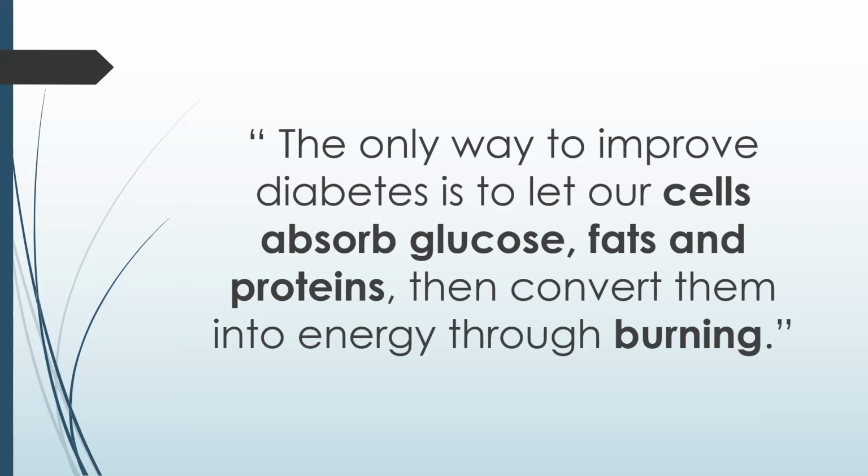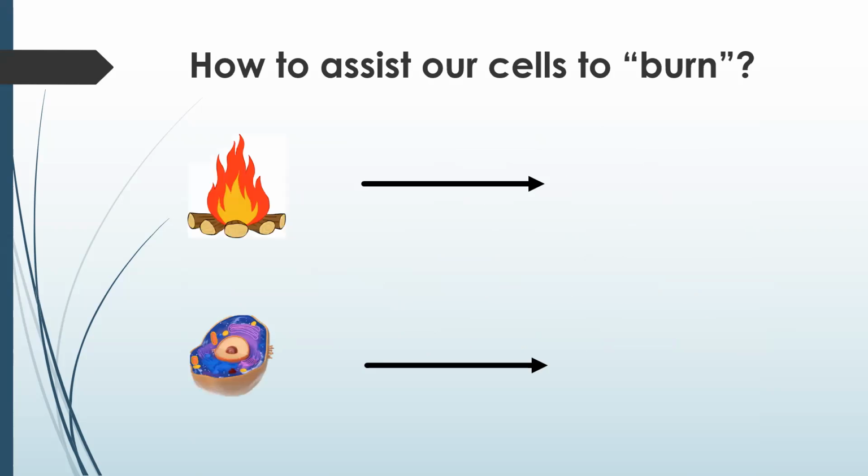So in order to improve diabetes, we actually need to target our cells and help them carry out cell metabolism, letting all those nutrients convert into energy through a process known as burning. So how do we assist our cells to burn?